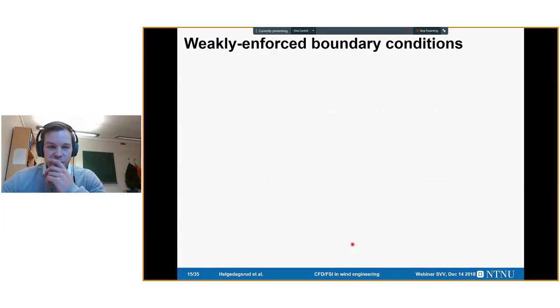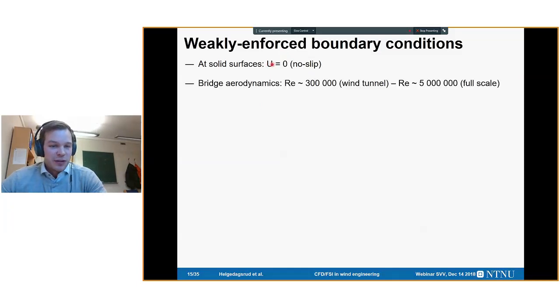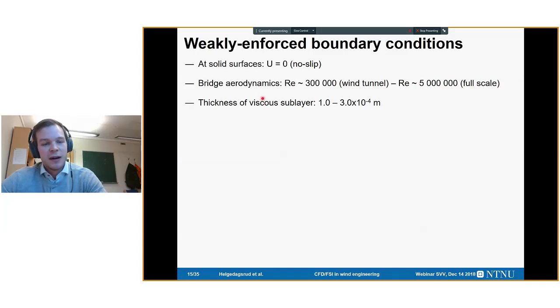Next, I'd like to revisit the boundary conditions, because the physical boundary condition at solid surfaces is zero velocity. For our bridge applications, we have very high Reynolds numbers and thus very thin boundary layers, a sticky layer at the solid surfaces, which is on the order of a tenth of a millimeter.